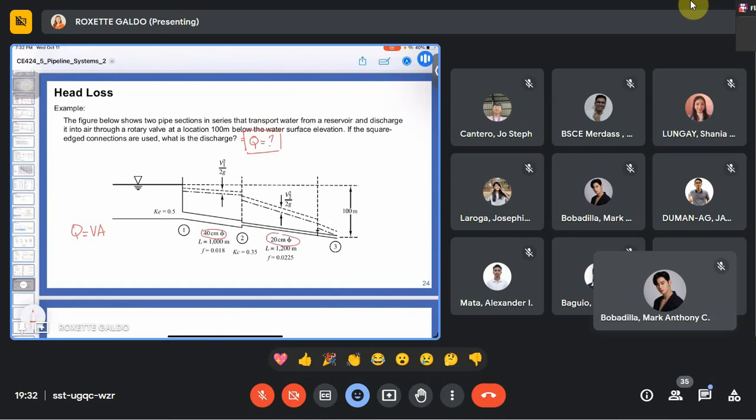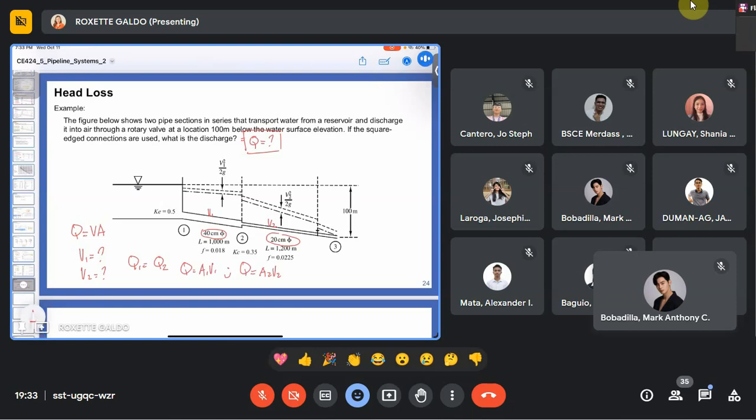So again, we only have to get the velocity, the values of the velocity, both in the pipe 1 and the pipe 2. So we need to get velocity 1 or velocity 2. Okay, either because we know by the continuity equation, Q1 is equal to Q2 or Q is equal to A1 V1, or it can also be solved using A2 V2. Either of the V1 or the V2.